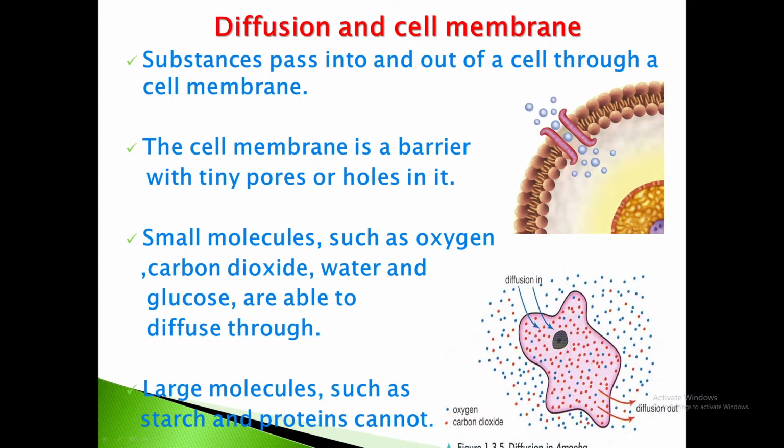Remember that the cell is what produces the carbon dioxide, and this carbon dioxide needs to get out of the human body, because if it doesn't get out, it will become toxic or poisonous. So diffusion is a process that allows it to leave the cell.